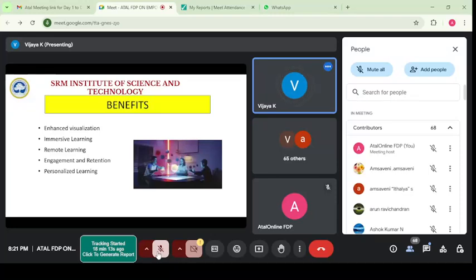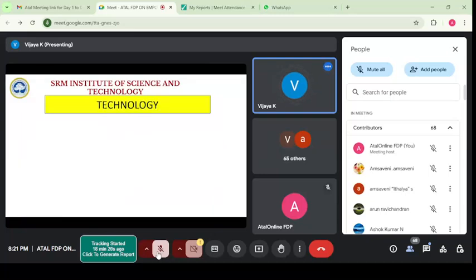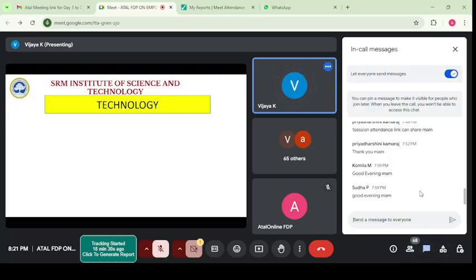And what are the key technologies that contribute towards education taking up the holographic concept? First one is AR VR.